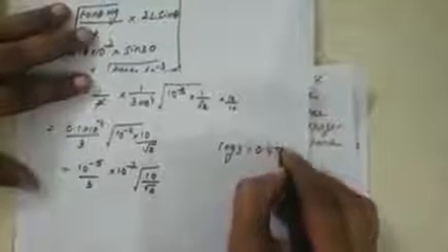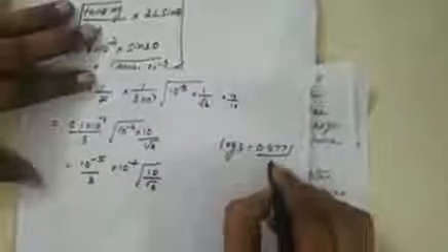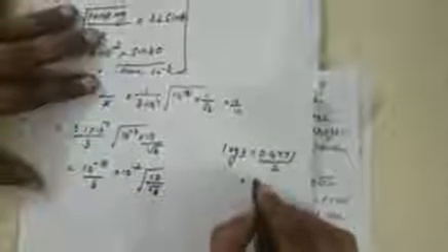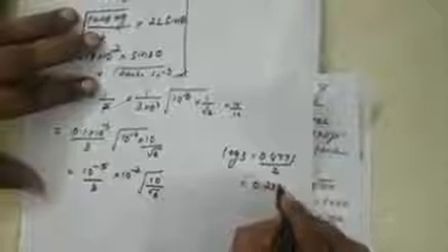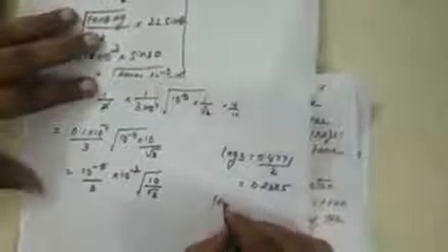Then for this we are taking the logarithm. So first, for the denominator, I take log of 3, 0.4771. Then for the purpose of root, I am going to divide by 2. That is equal to 0.2385. Then in the numerator, we are having log of 10.